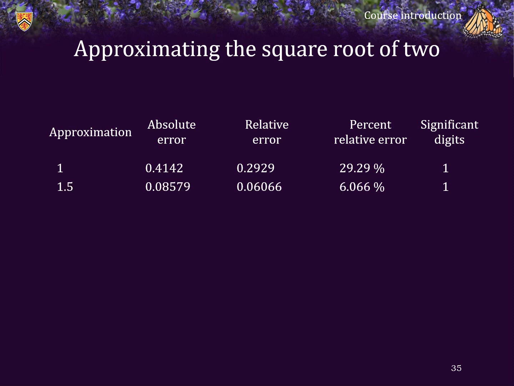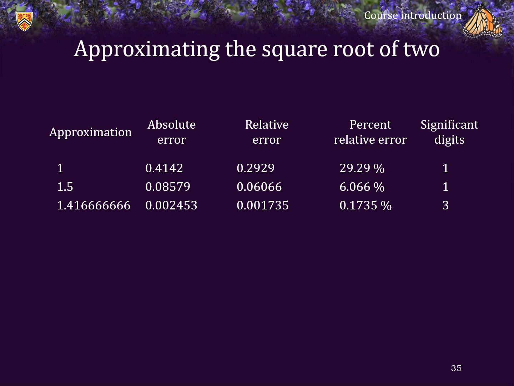If we apply the formula 1 plus 2 divided by 1, all divided by 2, that gives us 1.5 as the next approximation of the square root of 2. It has a smaller absolute error, consequently a smaller relative error, and the percent relative error is approximately 6%. Again, we still have only one significant digit.